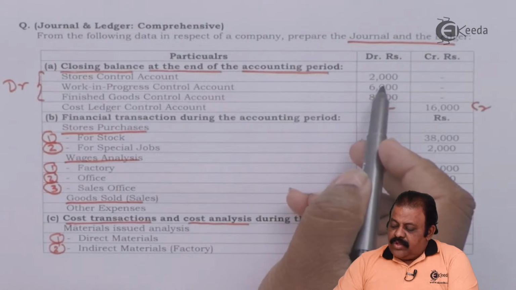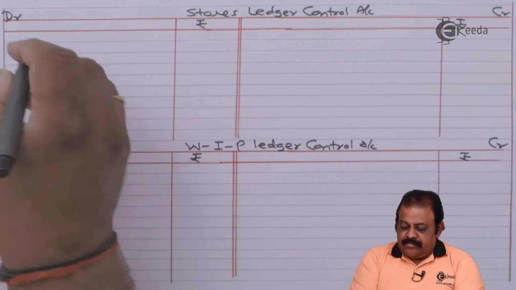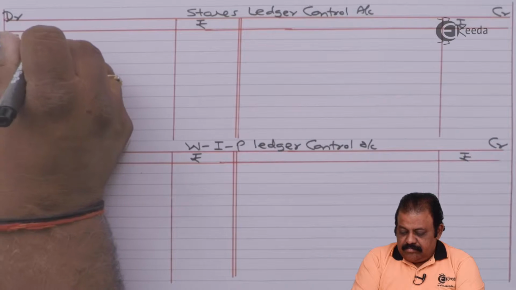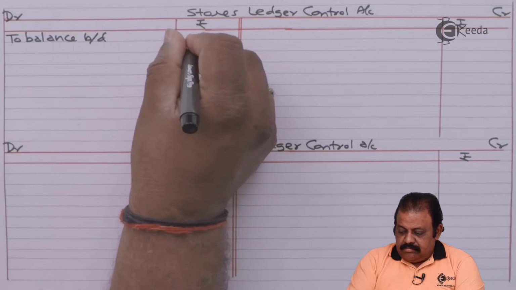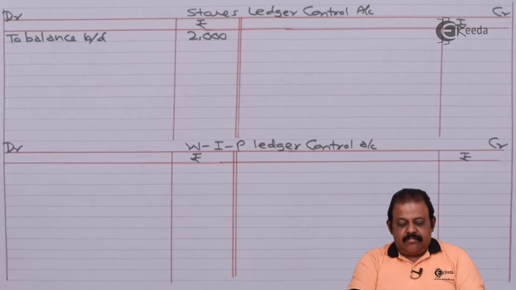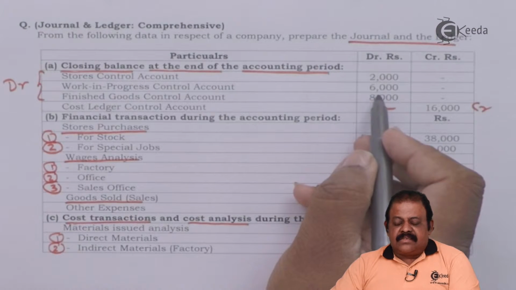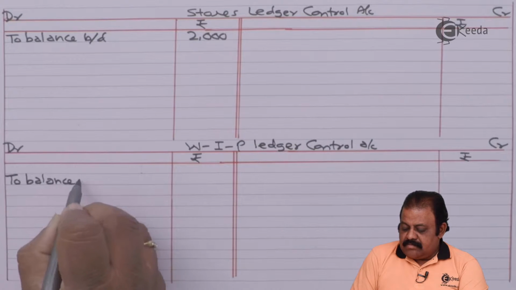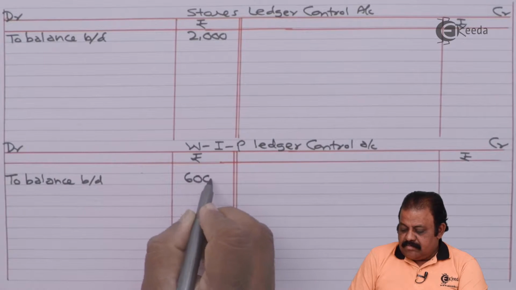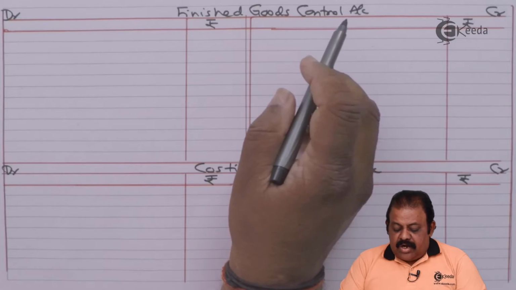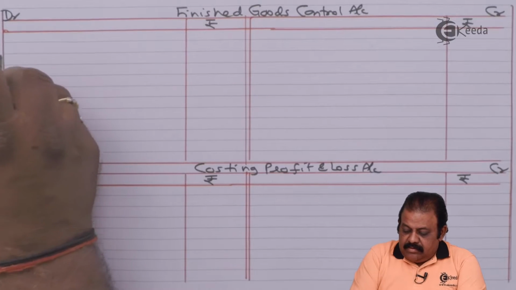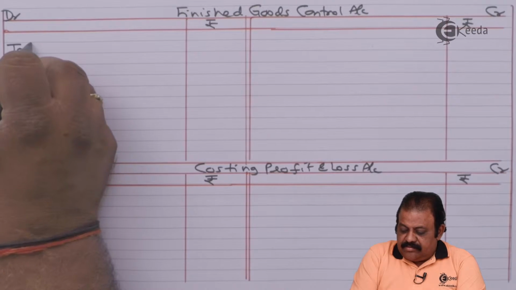Stores ledger 2000, debit balance. Work in progress, debit opening balance 6000. Finished goods control account, opening debit balance 8,000.